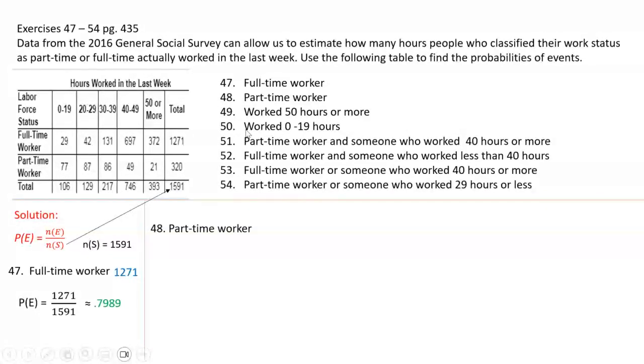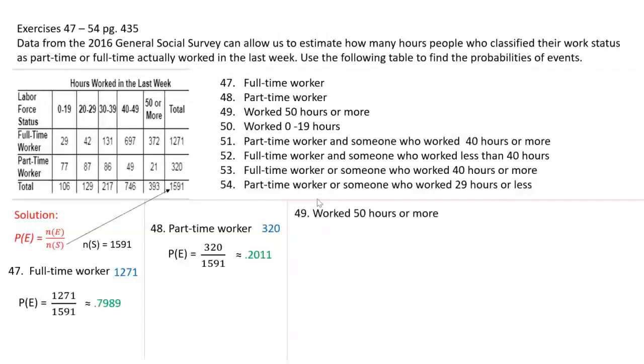For 48, a part-time worker. We should know that the sample space is 1591, and the part-time workers here will be 320. So it'll be 320 over 1591, approximately 0.2011 is your result.